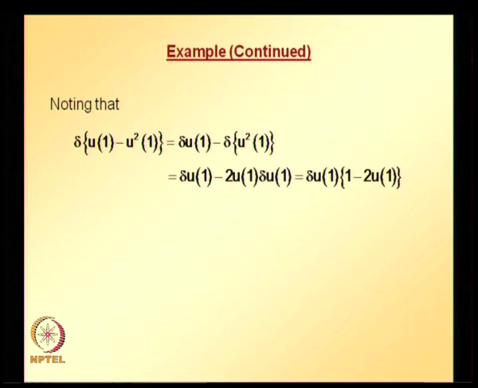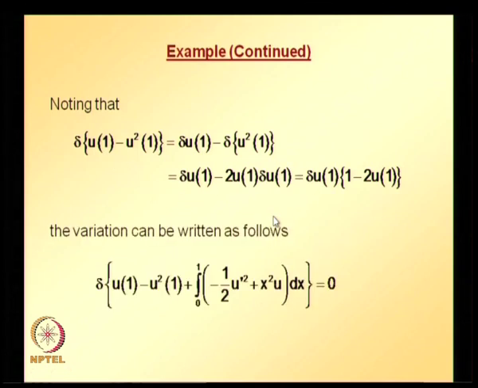This can be further written in this manner, and which is equal to this. So if you see the previous equation, this is a term you have. What I am going to do is replace this term with this one because both are equal. Then the previous equation becomes this one.